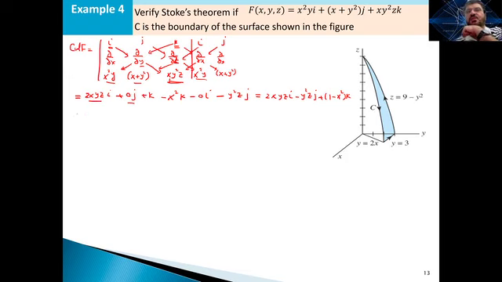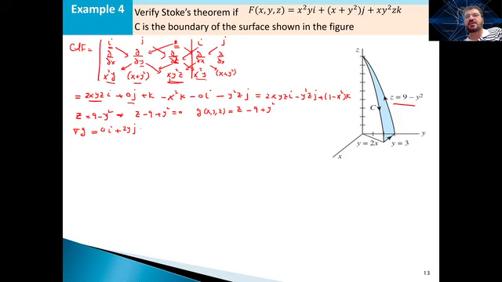So what's n? We know here, he's telling me that z equals 9 minus y squared. So z minus 9 plus y squared is equal to 0. So g of x, y, z is nothing but z minus 9 plus y squared. The gradient of g: first we differentiate with respect to x. There is no x here. That's a 0i. Then we differentiate with respect to y, which is 2yj.